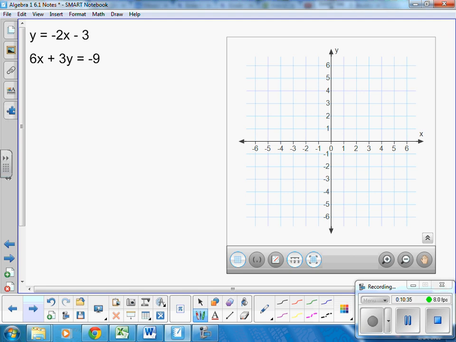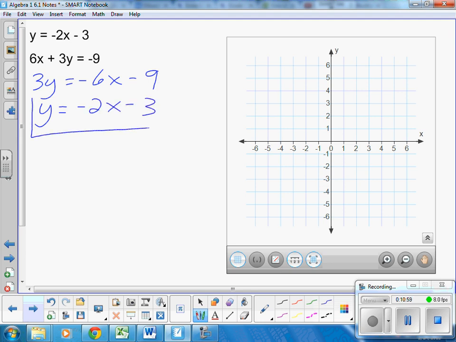Okay, we have y equals a negative 2x minus 3. That one's already written in slope-intercept form. Second one, rewrite it. 3y is equal to a negative 6x minus 9. Divide everything by 3. Y is equal to a negative 2x minus 3.